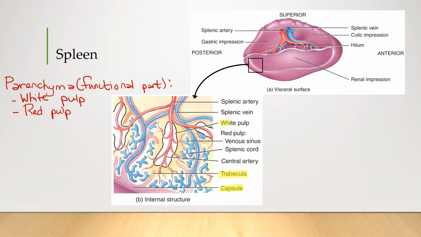Now, white pulp is a lymphatic tissue consisting mostly of lymphocytes and macrophages. And they're arranged around these branches of the splenic artery, which are called central arteries. So white pulp is arranged around central arteries.